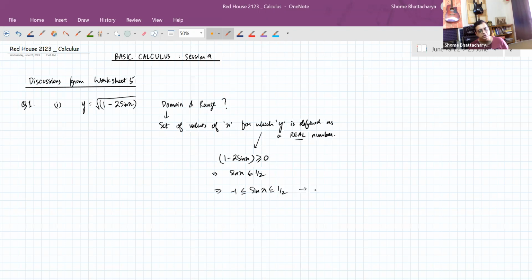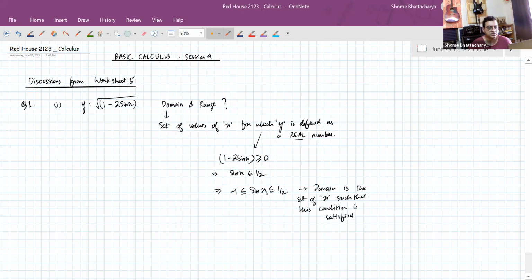So basically the domain is the set of values such that this condition is satisfied. This -1 is not coming from any restriction of the domain.